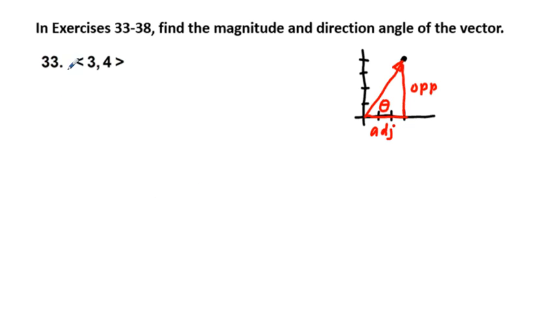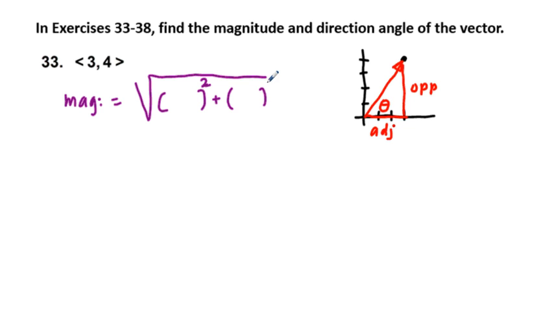Well, to find the magnitude, that's really a version of the Pythagorean theorem. So our magnitude, MAG, is equal to the square root of the x-coordinate in parentheses squared plus the y-coordinate in parentheses squared.